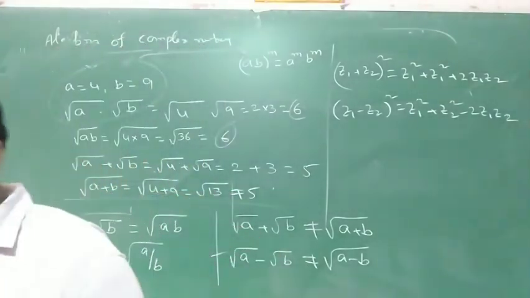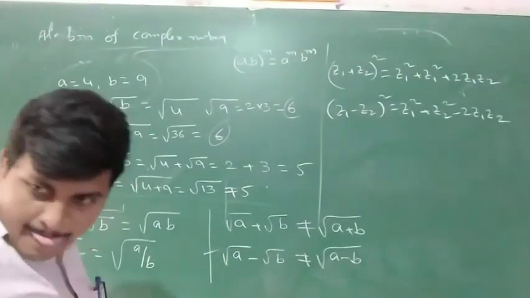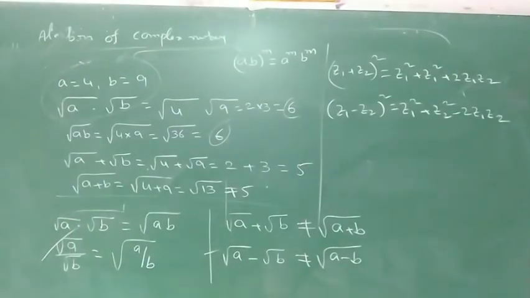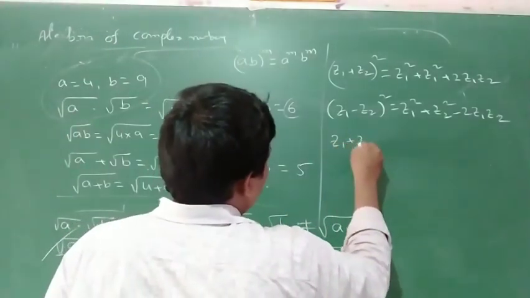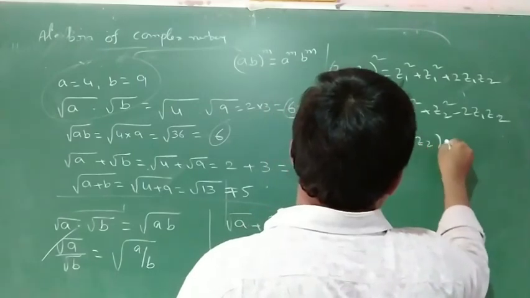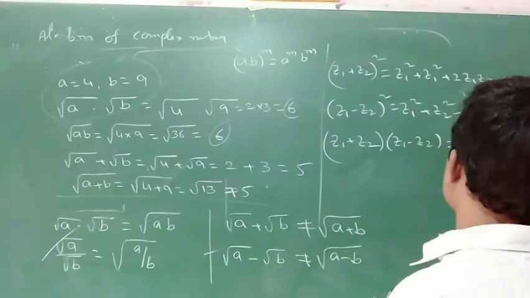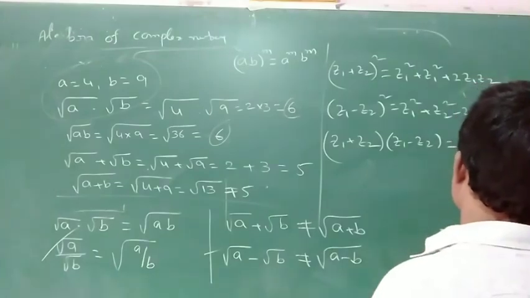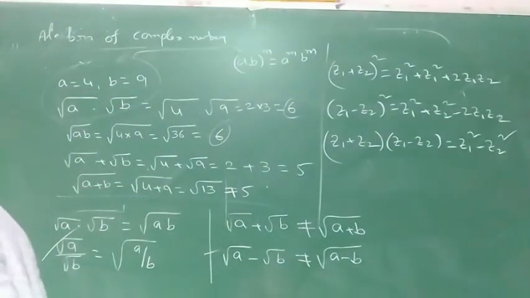These are direct results. Another result, (a plus b) into (a minus b) is equal to what? a square minus b square. So Z1 square minus Z2 square.